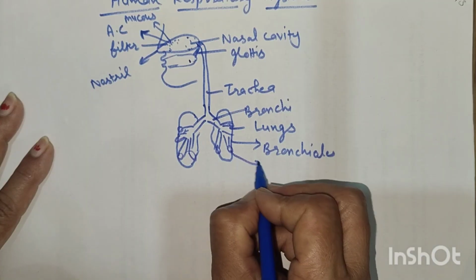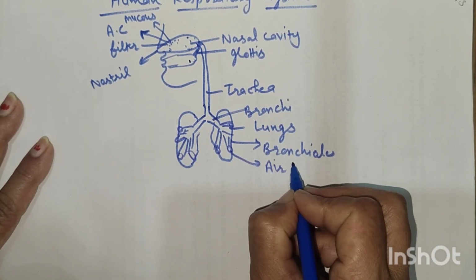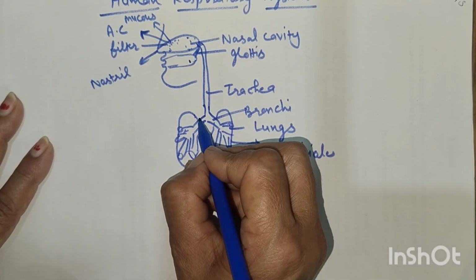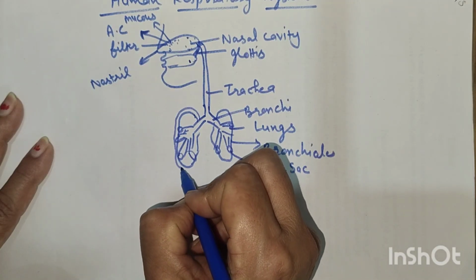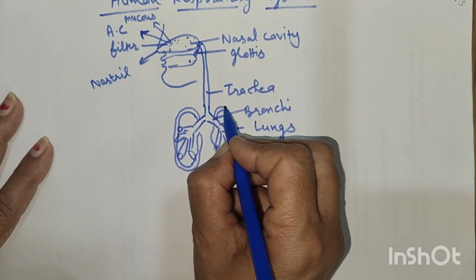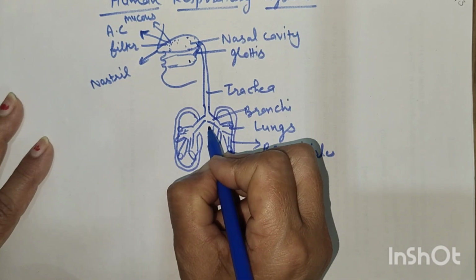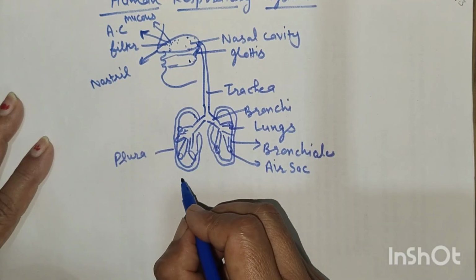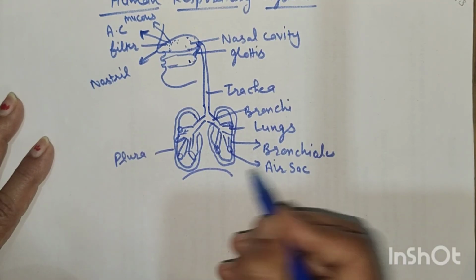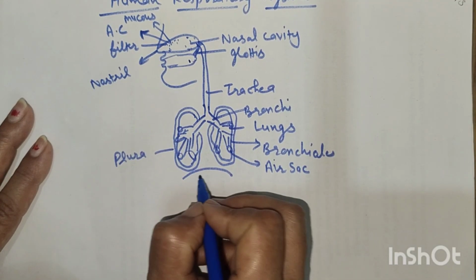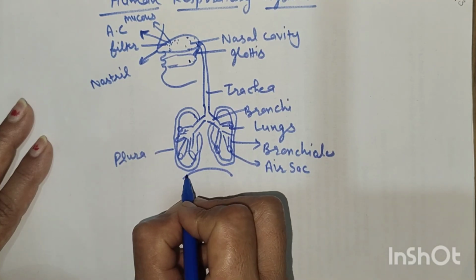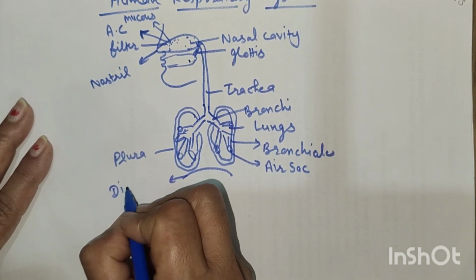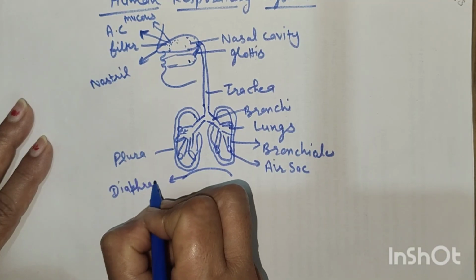These are called air sacs. The lungs are covered with a membrane called the pleura. Here is another membrane that separates the stomach and thoracic region, that is the diaphragm.